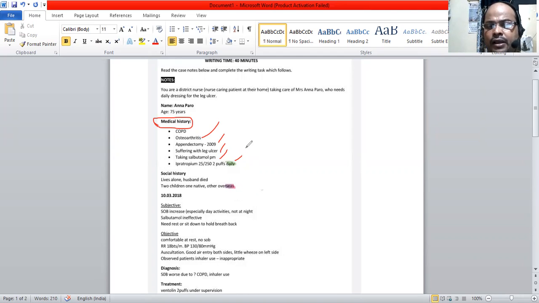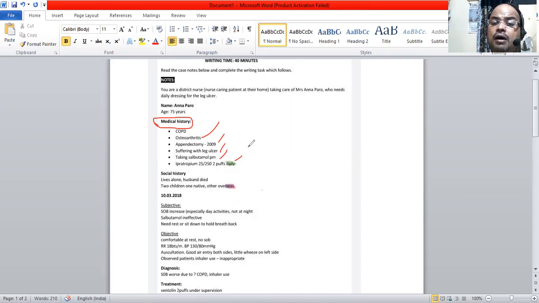So I don't need to specify that she has had an appendectomy, osteoarthritis, a leg ulcer, or that right now she's taking paracetamol, salbutamol or ipratropium. The pharmacist knows everything there.